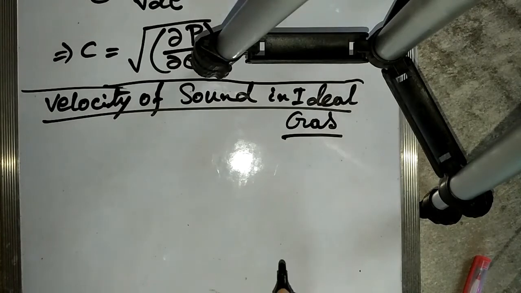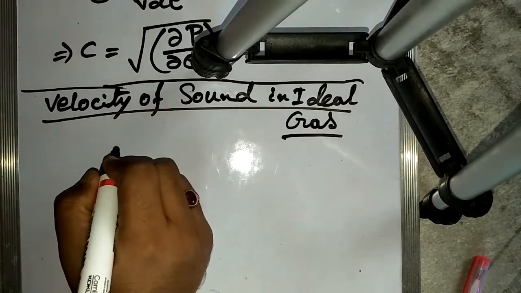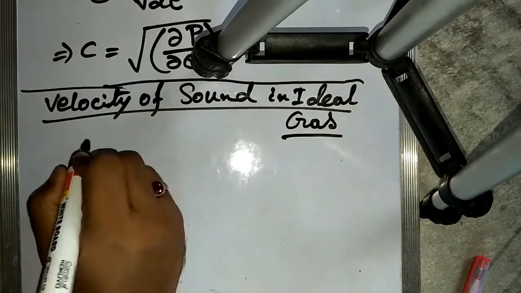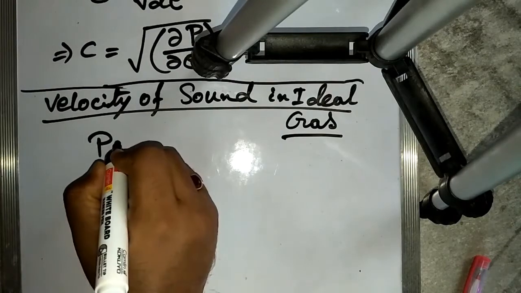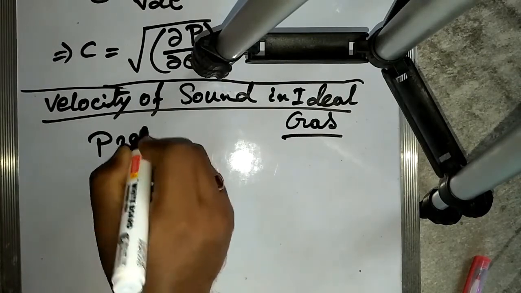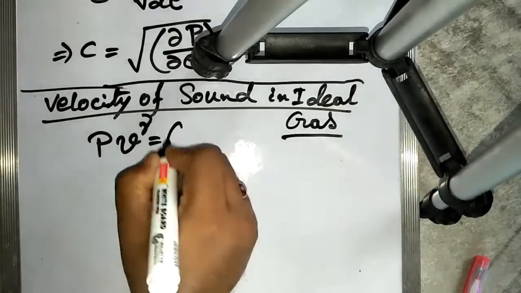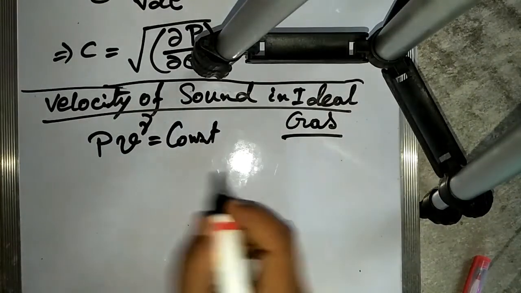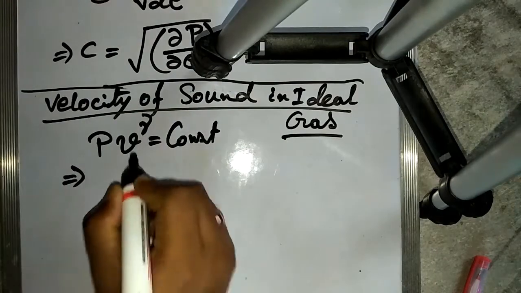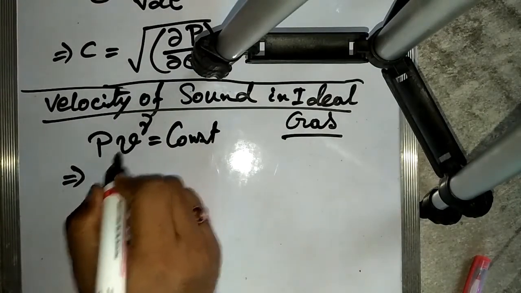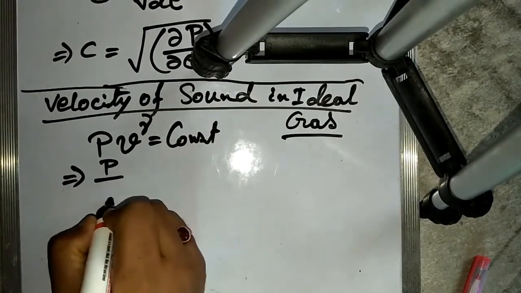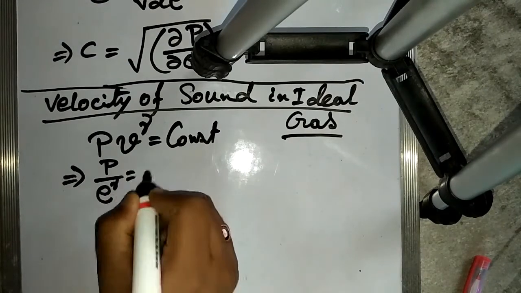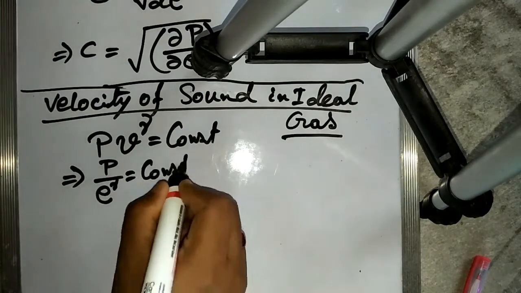We know that an ideal gas follows the adiabatic or isentropic law, so we can write P into specific volume v to the power gamma is equal to constant. The reciprocal of specific volume is density, so P by rho to the power gamma is equal to constant.